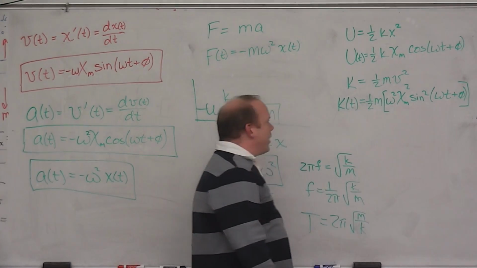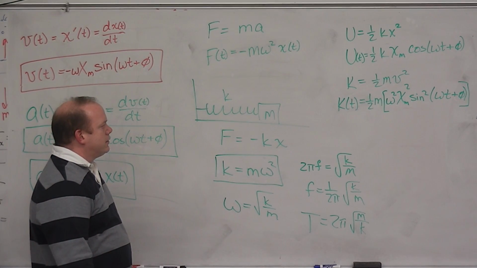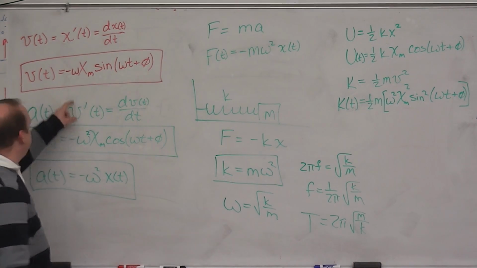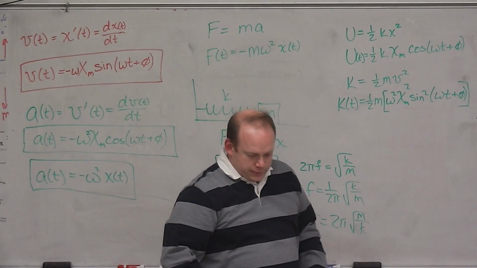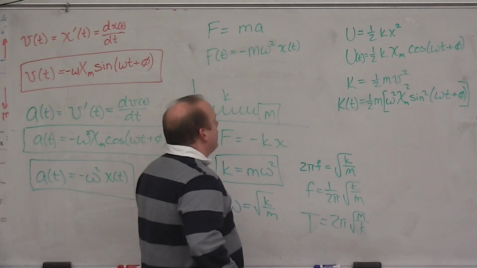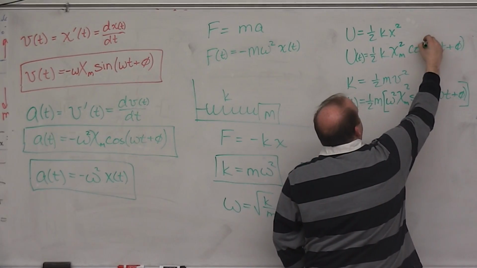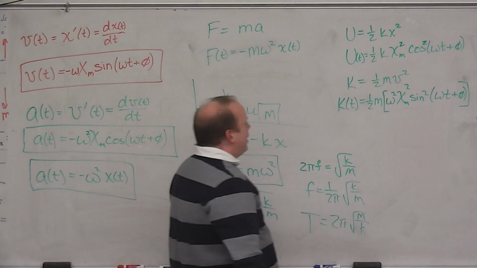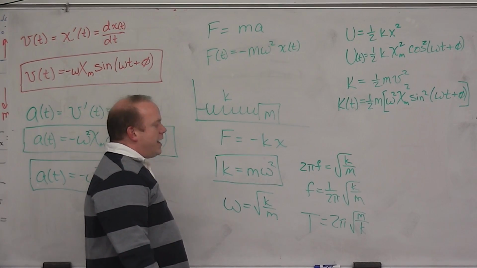All I did was square v. We had v from before, omega squared, xm squared. Now, this is x squared, so this should be 1/2 k xm squared cosine squared. So now I have 1/2 m omega squared.